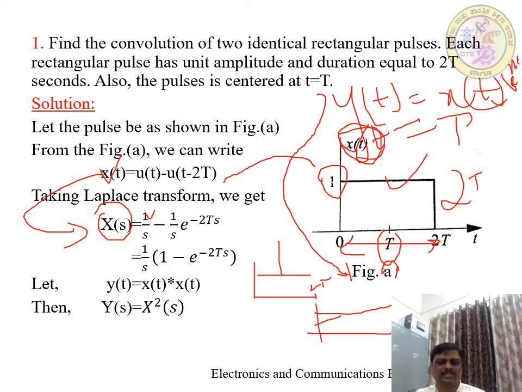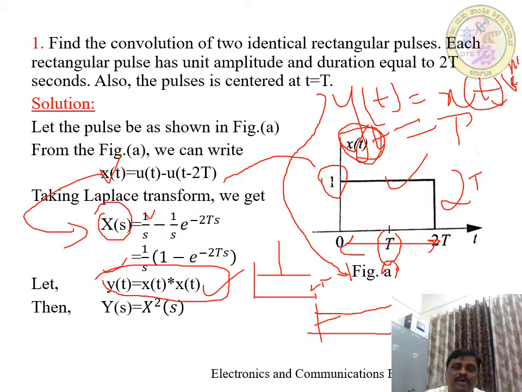But the question is to find the convolution of x of t with x of t only. That is, y of t is equal to x of t convolved with x of t. If I take the LT, Y of s is the LT of y of t, which is the LT of x of t, that is X of s.